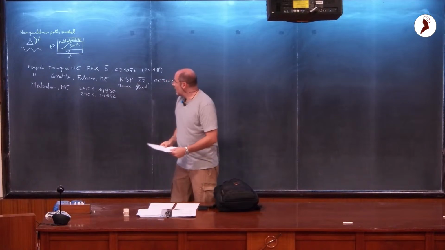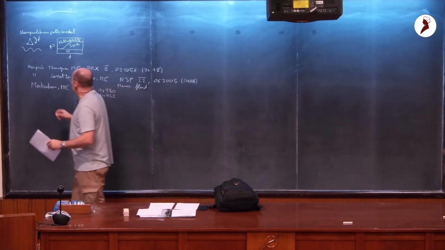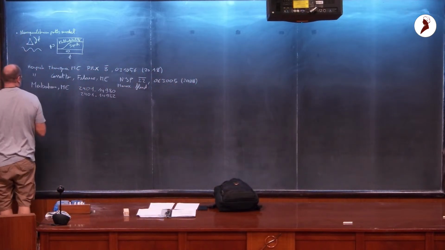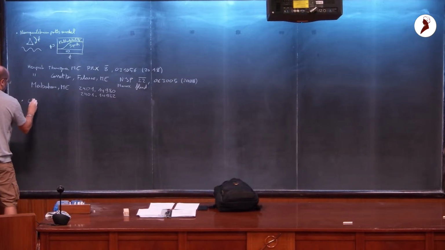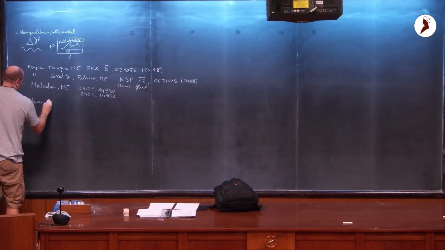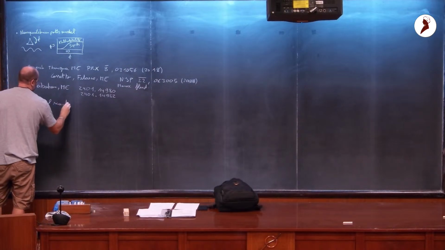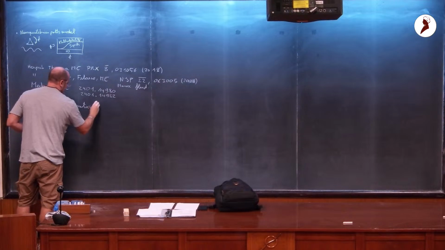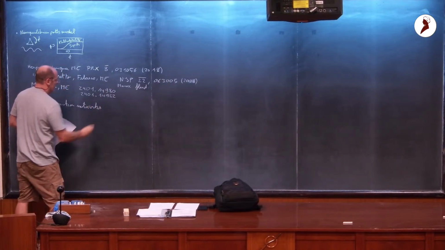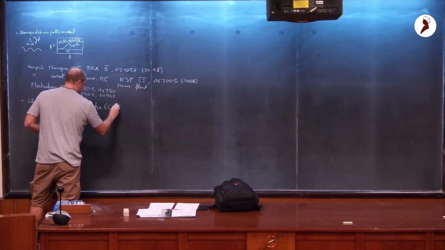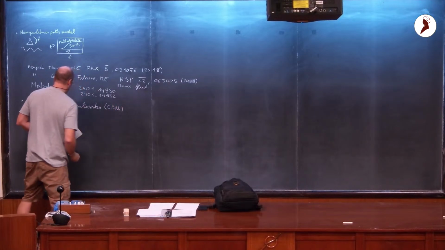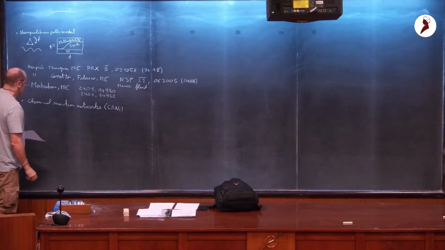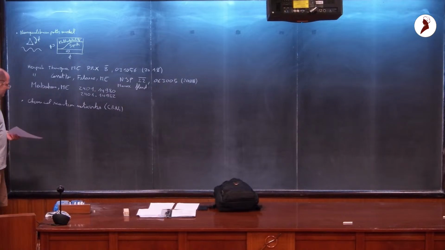Good. Now I go to the second class, which are chemical reaction networks, CRNs for short. This is also a very important class of systems for biology, obviously.